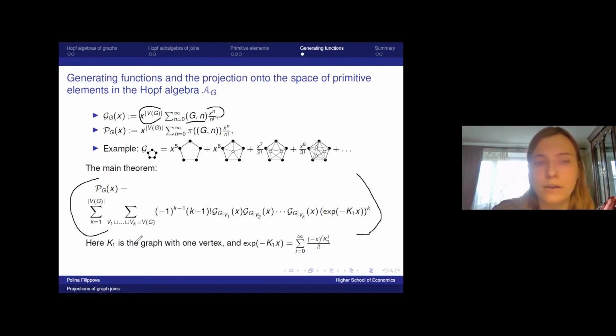We denote by K1 the graph with 1 vertex and of course no edges, because there is a convention that there are no edges, just like this. And note that the structure of this generating function is similar to the structure of the projection, but we have an exponent here.